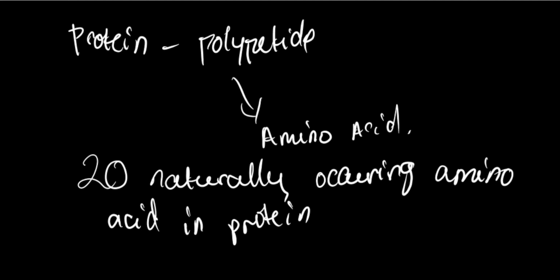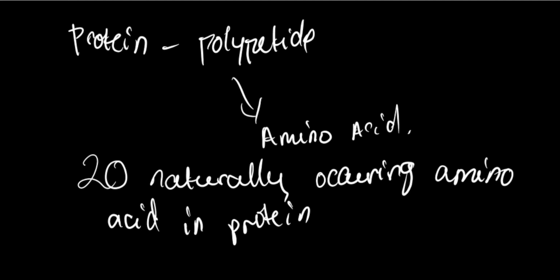There may be other naturally occurring amino acids, but they do not occur in proteins. So we have these genes, and these genes basically specify the amino acid sequence of a particular polypeptide that would go on to form a protein.